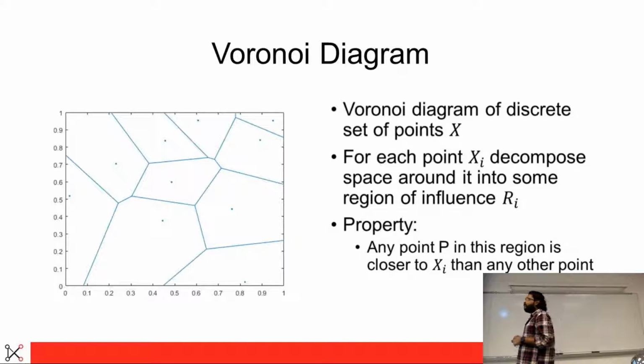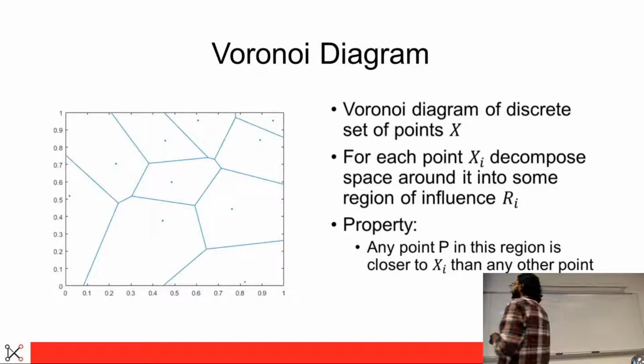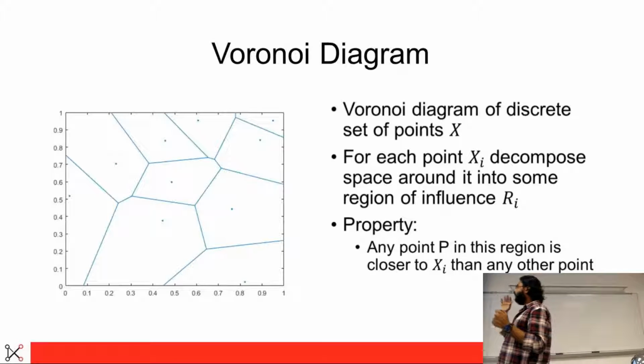We must discuss a bit about Voronoi diagrams, because you will see why this is important as we proceed into RRT. Let's say you have a space and you pick a point. You have a set of such points in your space.